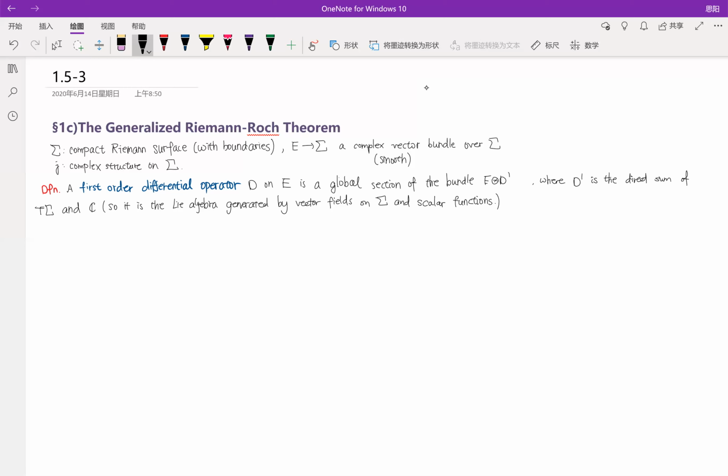So we want to set D1 to be a direct sum of the vector field and scalar functions because we want to introduce non-homogeneous terms.